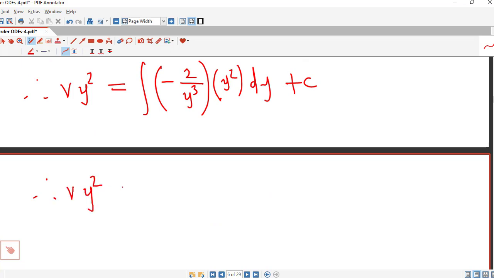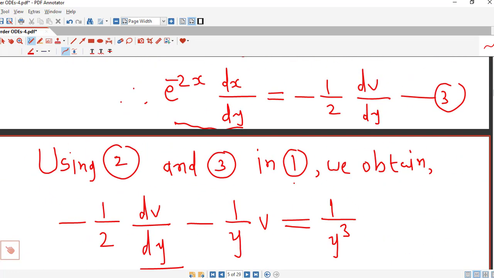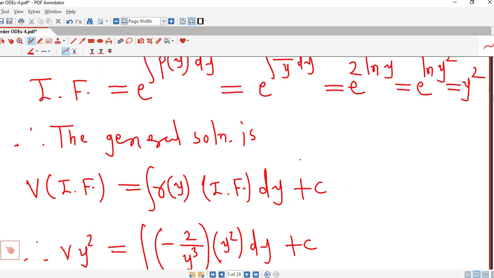Therefore v times y square equal to minus 2, the constant can be taken outside. Here we will be left with 1 by y plus c, and the value of v is e raised to minus 2x.